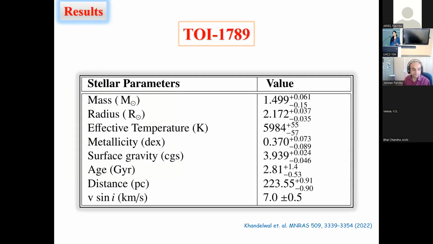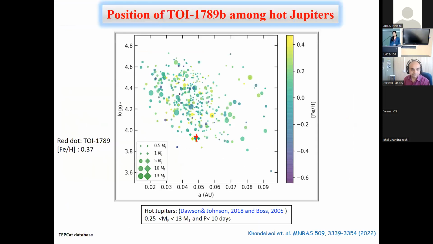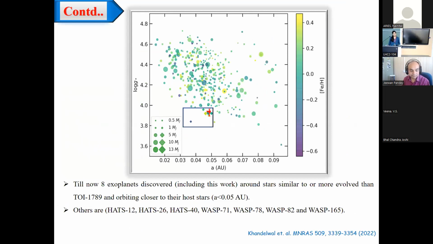These are confirmed planets. My point is, TESS has 7 transits detected, so they could have said that this is a planet, right? No. Actually, TESS has a pixel scale of 21 arc seconds. So within 21 arc seconds, if there is another star, then you cannot say that this is a planet.